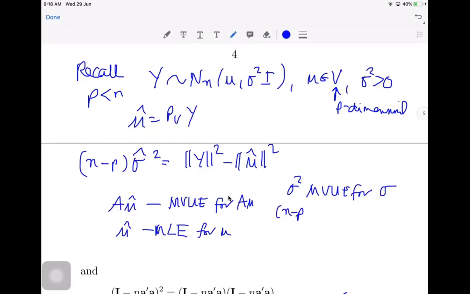N minus P over N times sigma hat square is the MLE for sigma square, and there's one more.